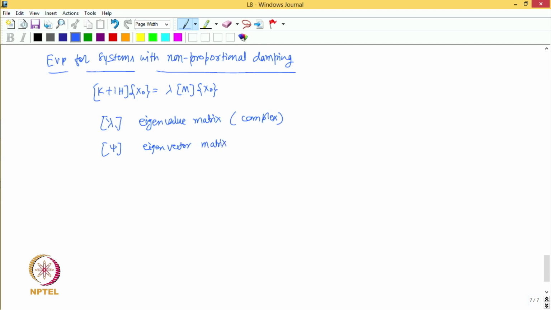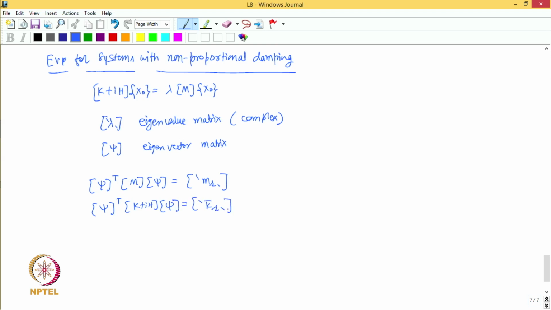and these eigenvectors again satisfy the orthogonality. Okay. So, we still have the relationship psi transpose m psi is equal to mr and psi transpose k plus i h psi is equal to kr.